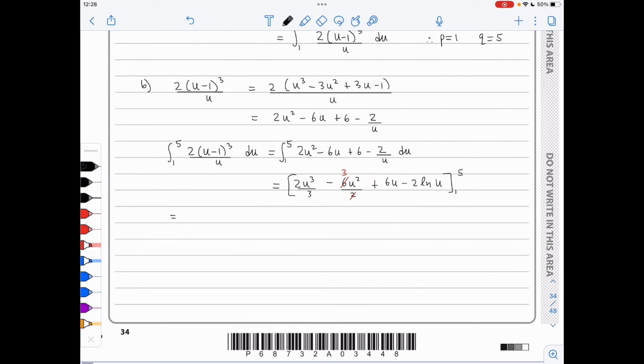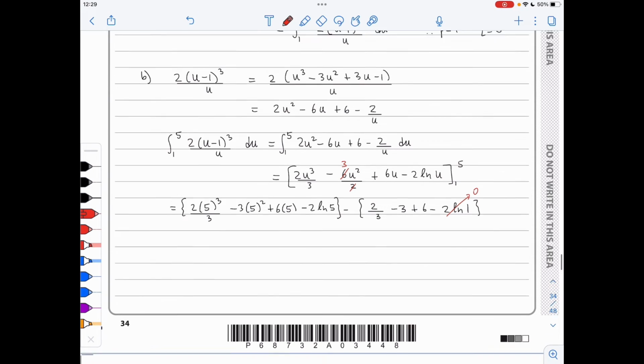So this will give me 2 times 5^3 over 3 - 3 times 5^2 + 6 times 5 - 2 ln 5, minus (2/3 - 3 + 6 - 2 ln 1). Now we know that ln of 1 is simply 0.